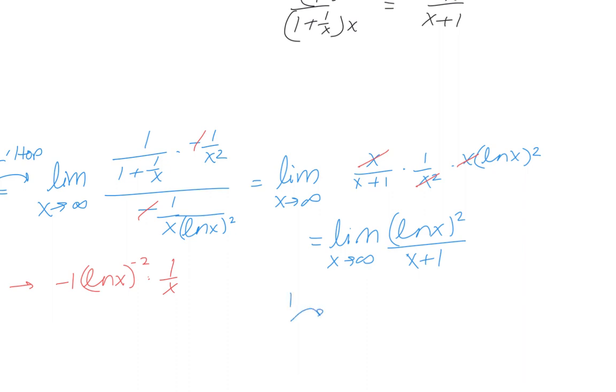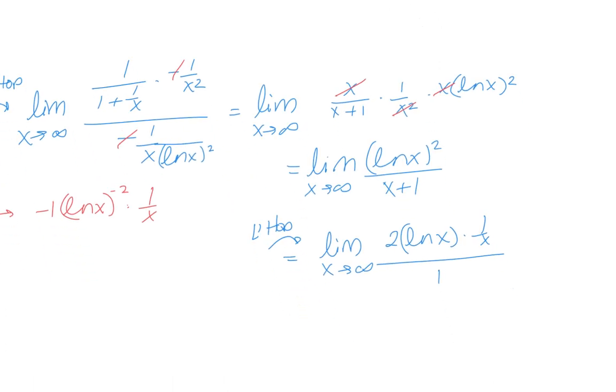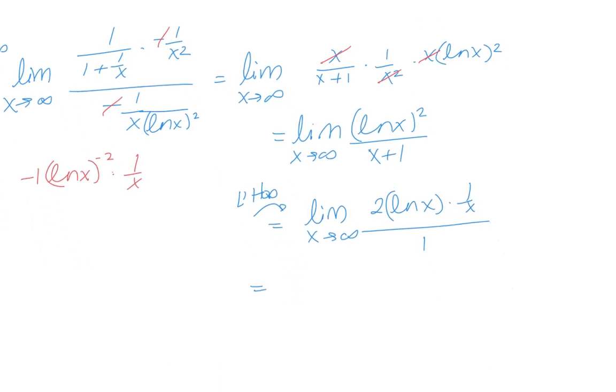So by L-hop again, I'm going to get the limit as x goes to infinity of 2 the natural log of x multiplied by 1 over x, all divided by 1. So this is going to be the limit as x goes to infinity of 2 the natural log of x divided by x.